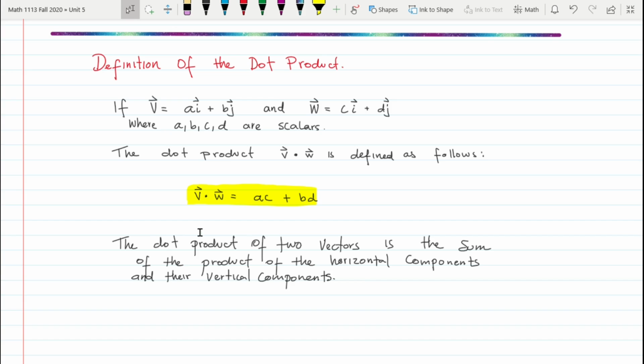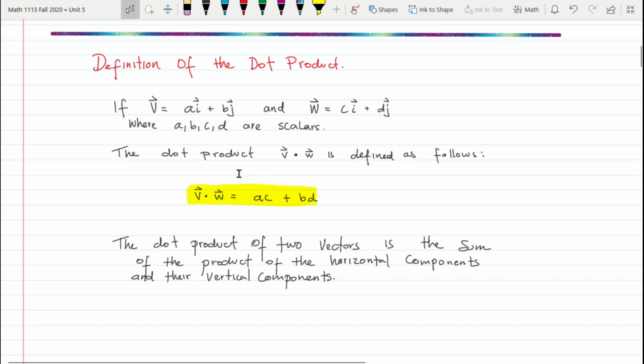The dot product requires two vectors, v and w. Here we have ai plus bj defining v, and ci plus dj defining w. So a, b, c, and d are scalars, or just real numbers.